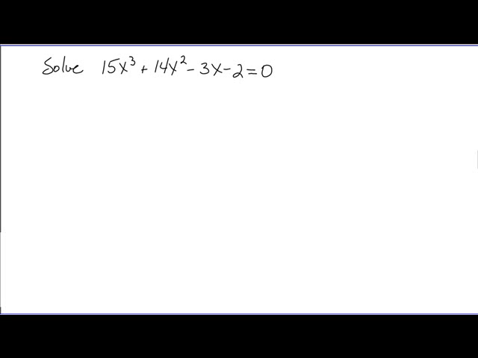If you start that and look at those first two terms, the common factor would be x squared, leaving you 15x plus 14. Looking at the last two terms, the only common factor you see there is a negative 1, leaving you with 3x plus 2.